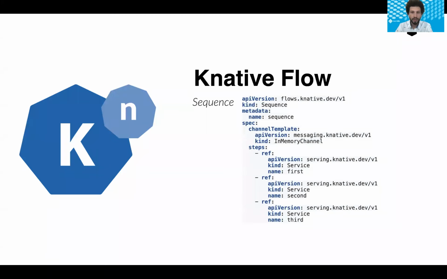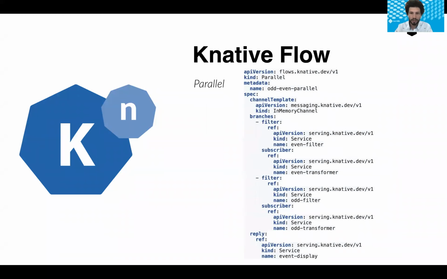You have a channel template, which means that every time you create one of these sequences, a channel will be created for hosting that sequence, the same with the parallel. And this is going in the direction where you can define this important sequence of events, how to process a cloud event against different services, and how to route events across multiple services, which is a really interesting idea.